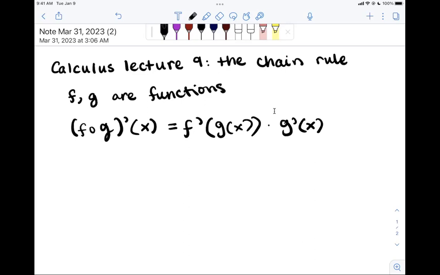And then we also have another version of the chain rule, which is pretty much the same thing. If y is some function of u, and u is some function of x, then of course y is also a function of x, because you can write u as a function of x and then y as a function of u.